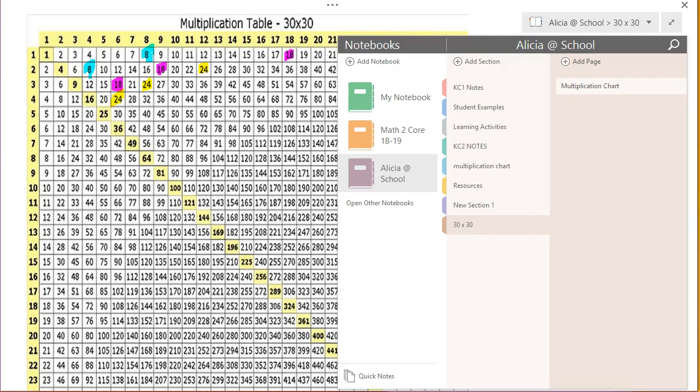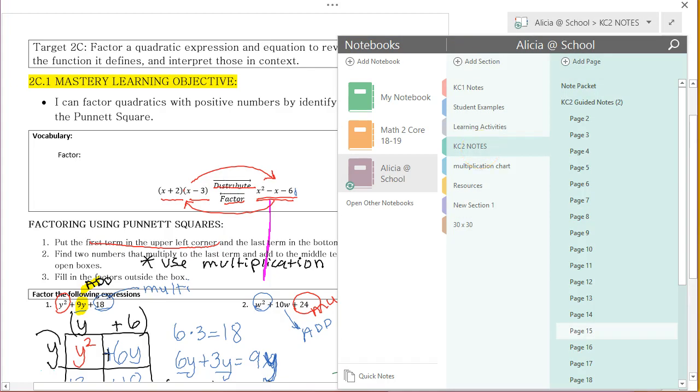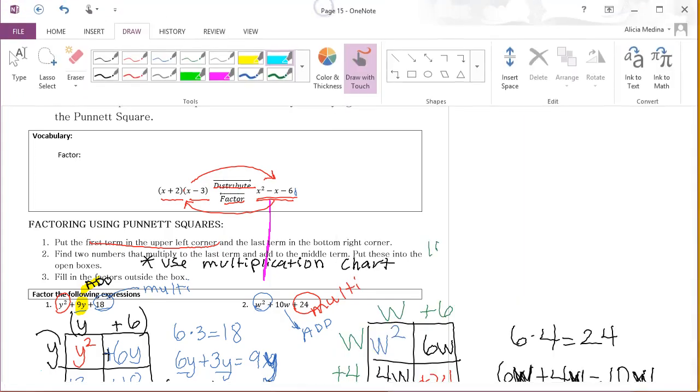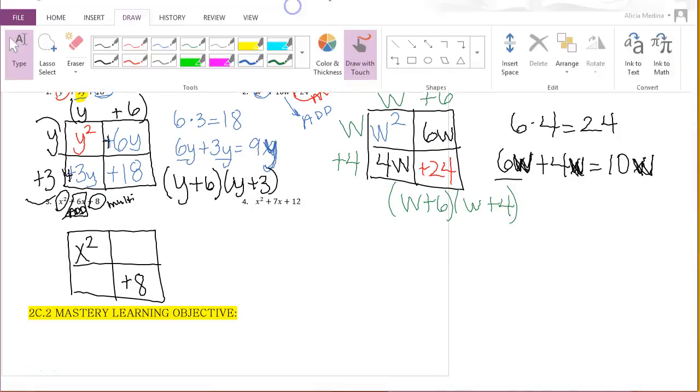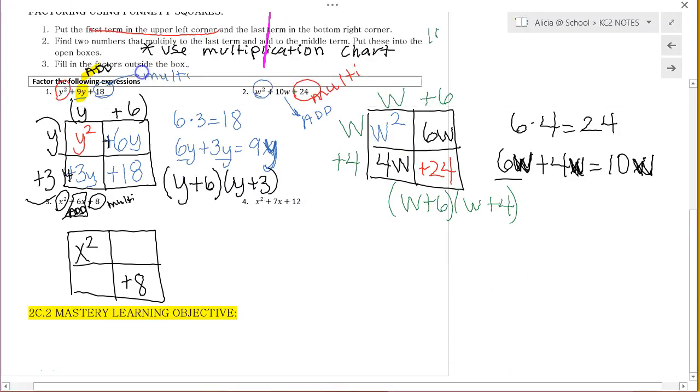If you get a little bit faster at finding those, you don't have to keep going back to the multiplication chart. Eventually, you'll see those factors, but just to show you where I'm getting those numbers from. All right, so I know that 4 times 2 equals 8, and 4x plus 2x does equal my 6x, which is what I needed.